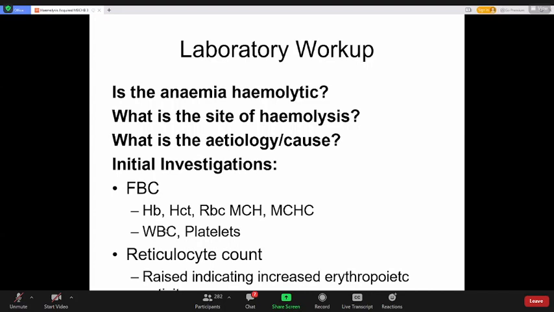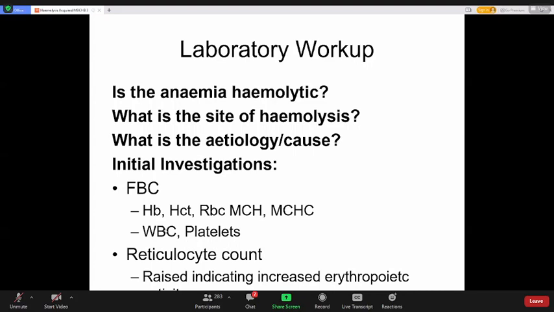So you'll find, for example, in adults, it's usually between 0.5 to 2%. And so in hemolysis, this count can go up to 5%, 6%, and we're able to do a reticulocyte count in the laboratory in blood samples. And the relevance of reticulocyte count is that it shows you that there is an increased erythropoietic capacity or activity, because the bone marrow is responding to the destruction of red cells, all right?